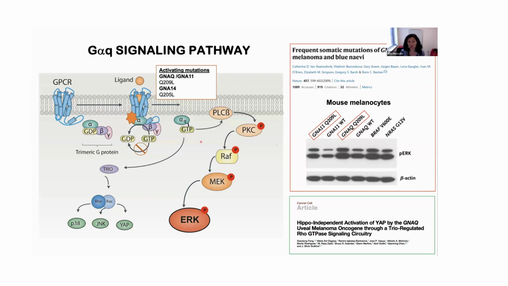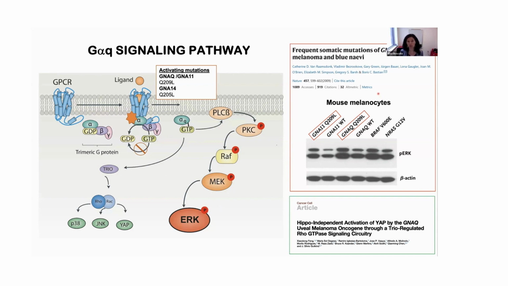The downstream pathways that have been most studied in relationship to this mutation are the PLC beta and MAP kinase pathway and the Trio-RhoA-YAP pathways, which have been discovered in association with studies in uveal melanoma done by Boris Bastian and Silvio Gutkind.